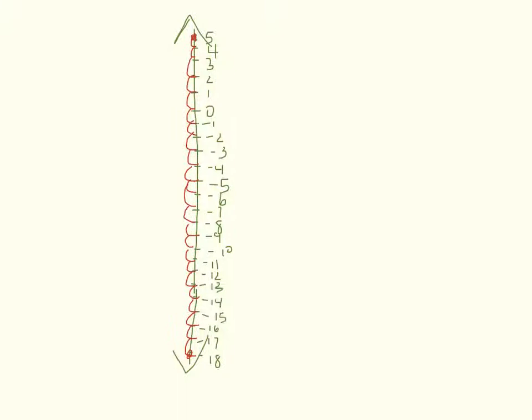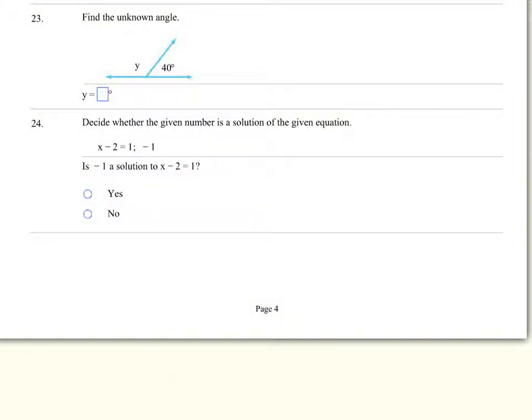So again, we can just subtract and go 5 minus negative 18 and get the 23.